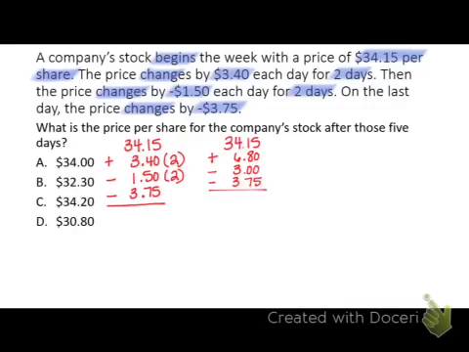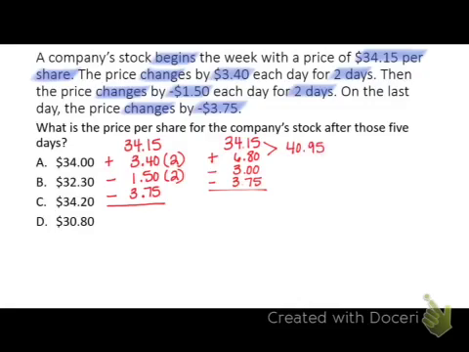$3.75. Again, this may be lined up, but because we do have addition and subtraction, you have to take it step by step. So first, $34.15 plus $6.80 is going to leave us with $40.95.